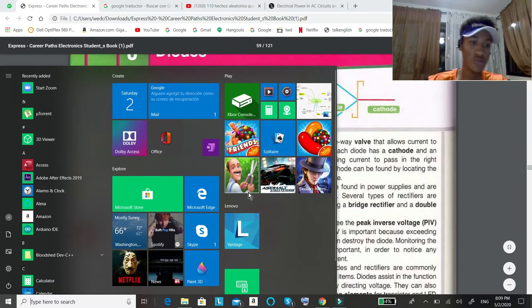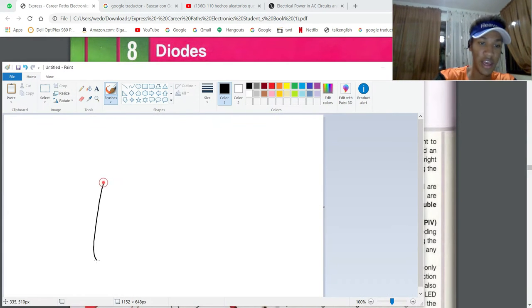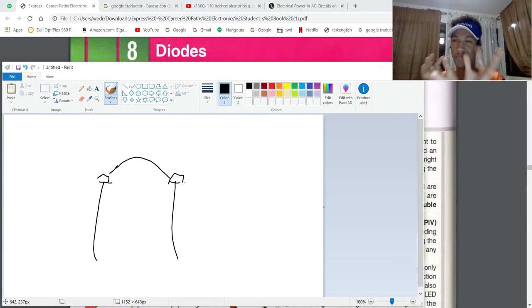So we go to Paint again. I have two conductors. I put a tiny conductor.